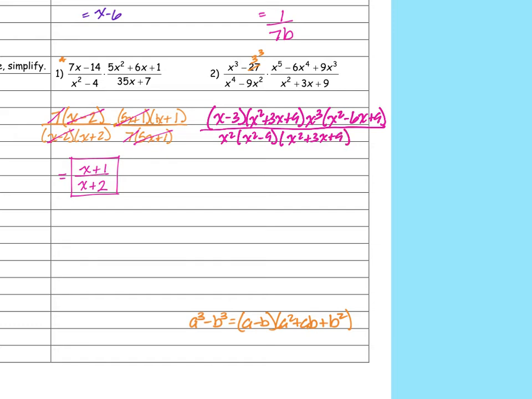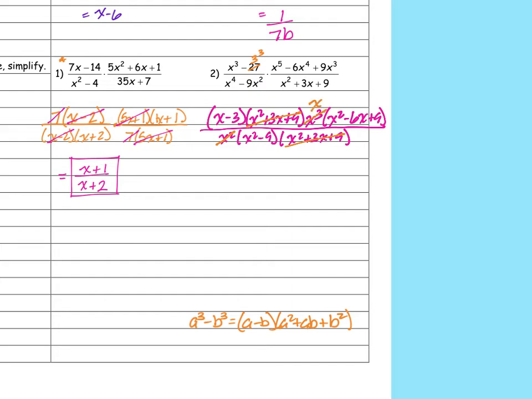Now I'm not really done factoring everything, but because I'm running out of room, I'm going to make some ones if I can, which I can. So this x squared minus 3x minus 9 and x squared plus 3x plus 9, those are ones. I got the same thing on the bottom and the top. And then I have 2 x's on the bottom, which leaves me with 1 x on top.